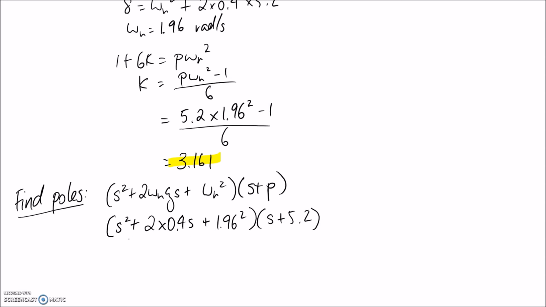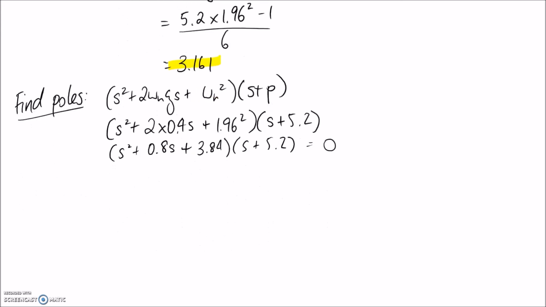So if I simplify this, 1.96 squared is actually 3.84. Alright, so we just need to figure out what values cause our equation to go to 0, values of s. Okay, so it's going to happen when s is equal to negative 5.2.